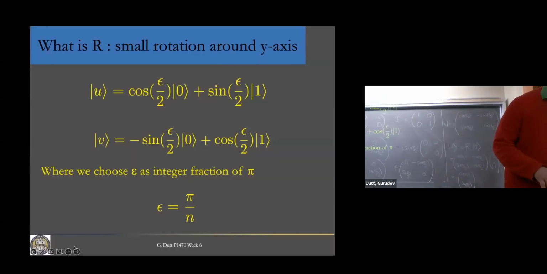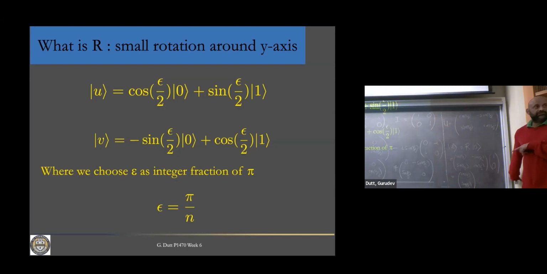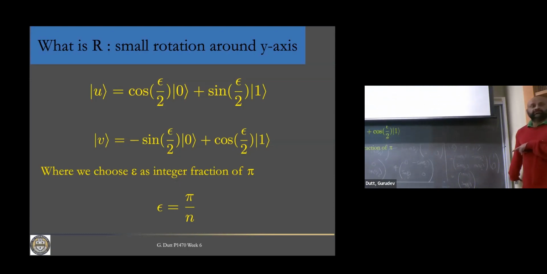Similarly, you can verify for yourself that the state V is indeed minus sine epsilon over 2, cosine epsilon over 2. Okay. Any questions on this? How we got this result? Before I cover it up.